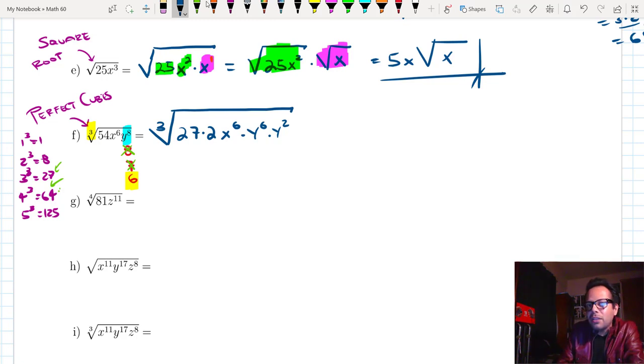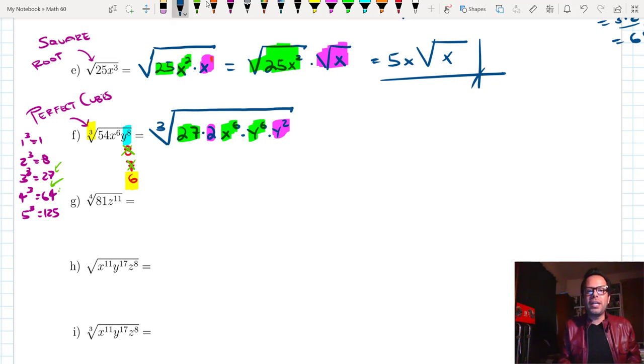Let's highlight with green all the perfect cubes. We're looking for perfect cubes: 27, x to the 6th, y to the 6th. With purple, we are going to highlight the ones that are not perfect cubes.